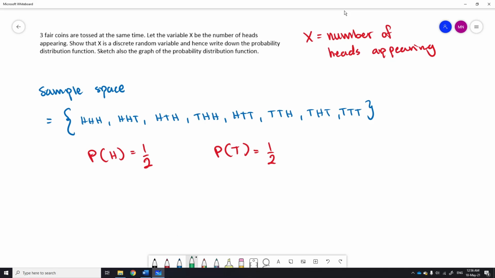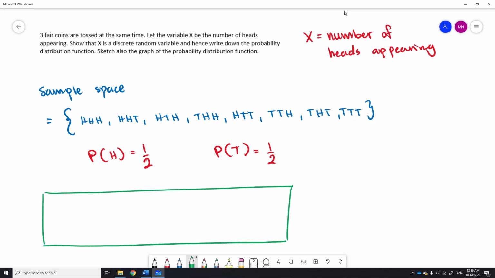So now we can form the table. This is the x, and then the probability of x equal to x.